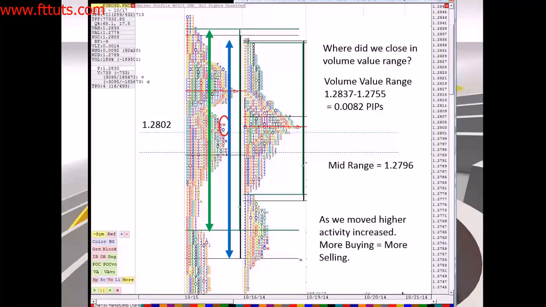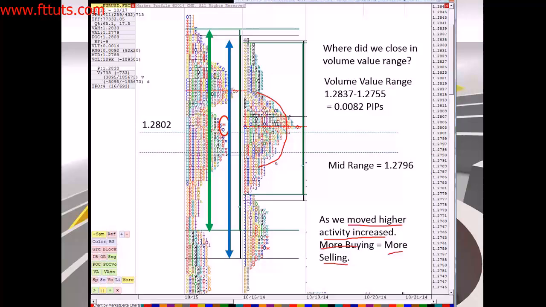Now, one point I really want to highlight, that as we move higher, activity begins to increase. When you get more buying, there's obviously more selling. So take a look here. When we pushed higher up here, we saw quite a bit of activity, and in this area we had the greatest level of activity, and as we dropped lower here, there was still some selling pressure.